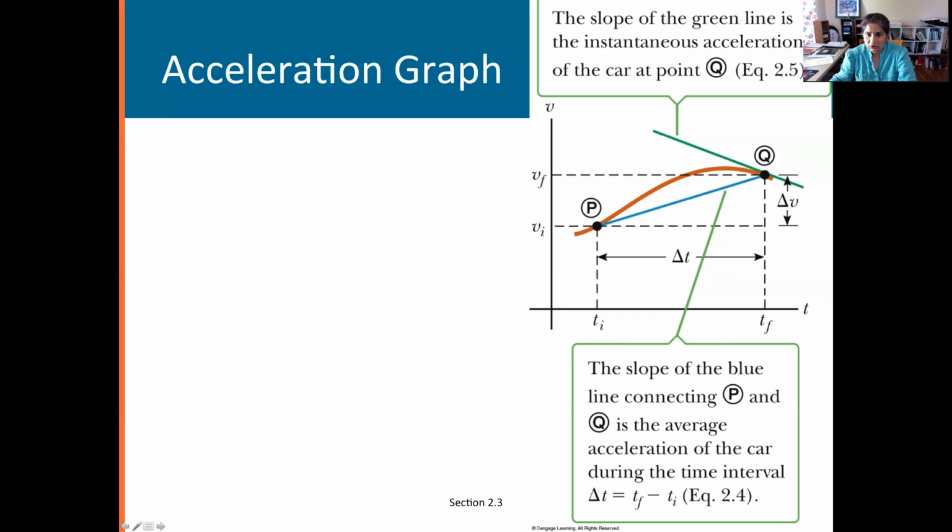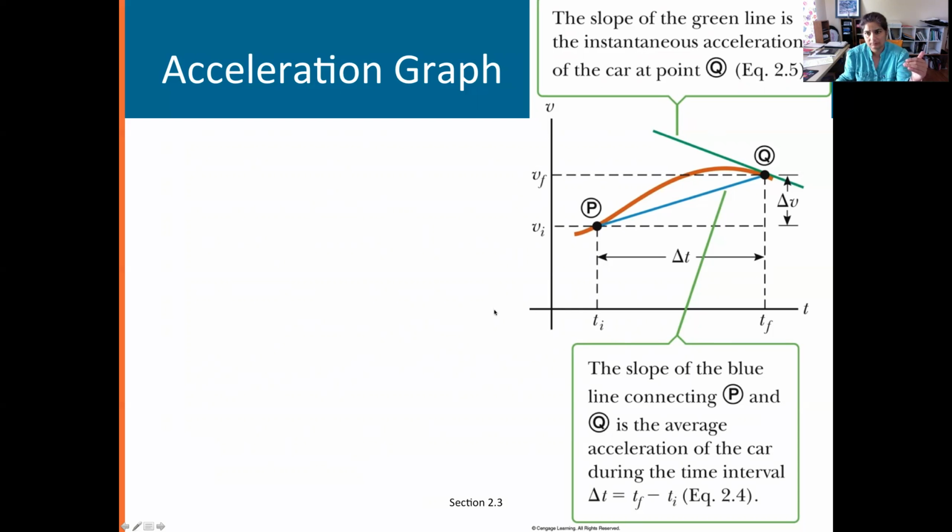So it's this change, Vf minus Vi, which is this distance here, same as this distance marked here, or rise, delta V, over run, which is this distance here, delta T, which is Tf minus Ti. So you can see the slope of this blue line, which joins P and Q, is going to give us delta V over delta T, which is our change in velocity with time, or acceleration, which is average acceleration.